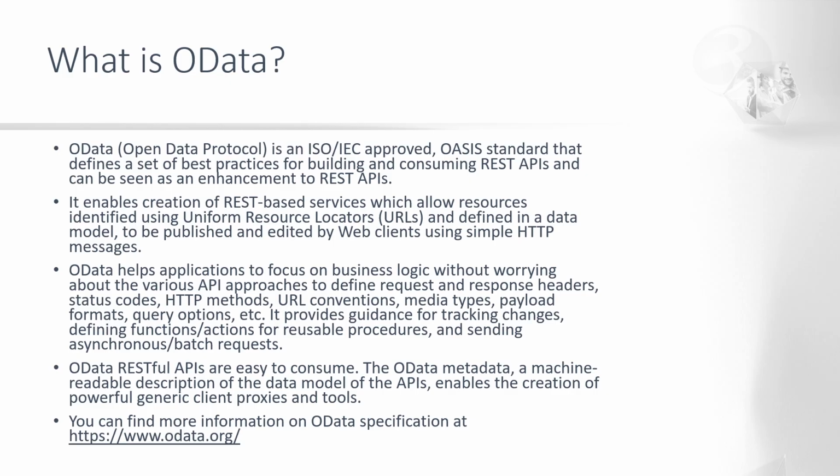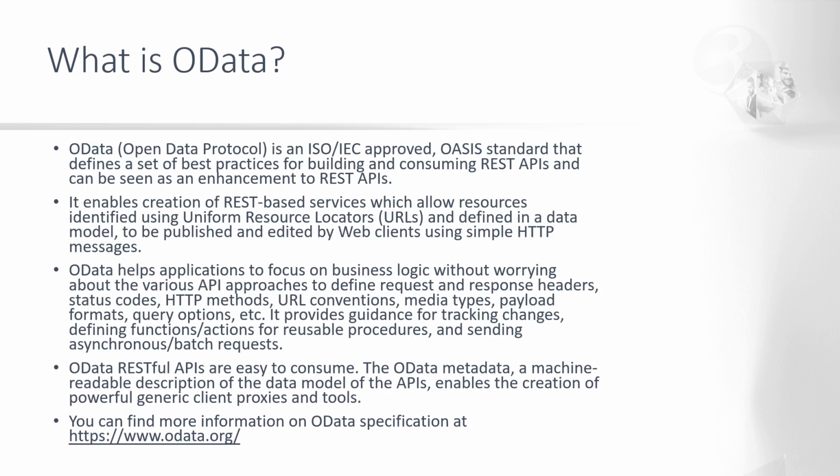So this is where OData helps applications focus on business logic without worrying about the various API approaches to define request and response headers, status codes, HTTP methods, URL conventions, media types, and so on. It provides guidance for tracking changes, defining functions and actions for reusable procedures, as well as sending asynchronous batch requests.